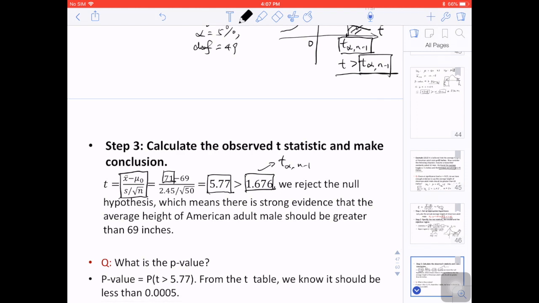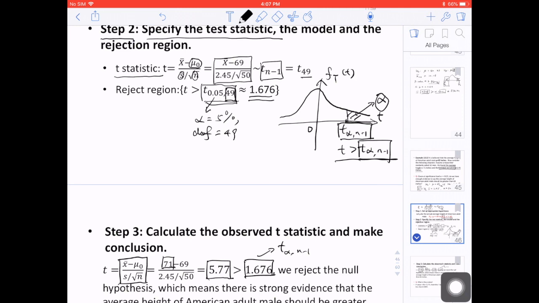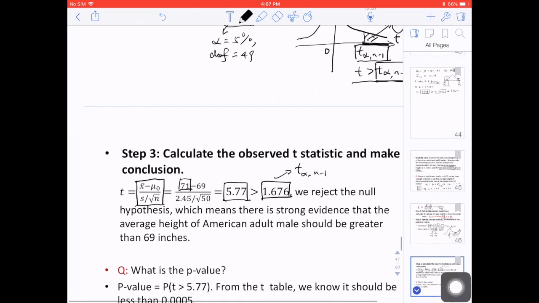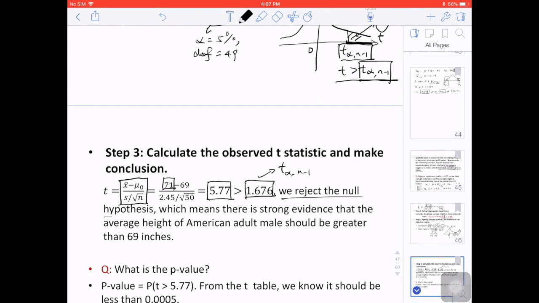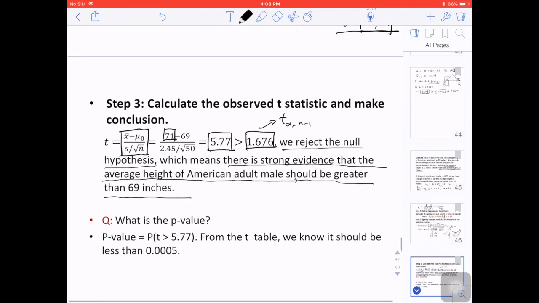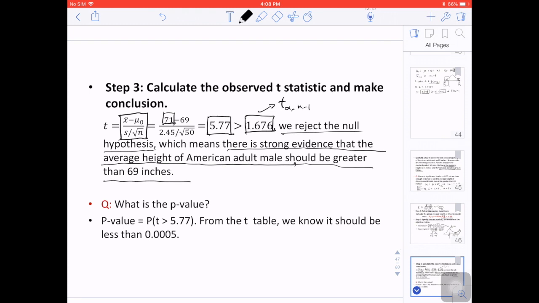Because this one is larger than this one, it falls in the rejection region, and we reject the null hypothesis, which means there is strong evidence that the average height of American adult males should be greater than 69 inches. Again, we can use the p-value method to solve this, okay?